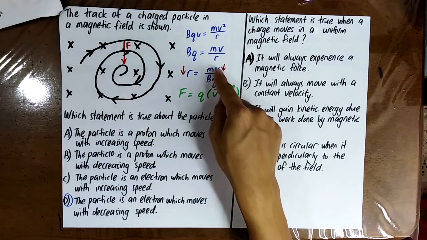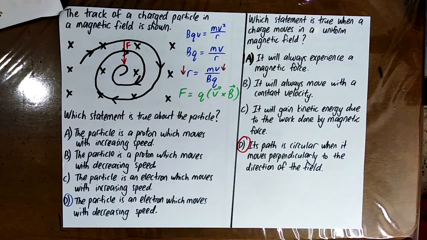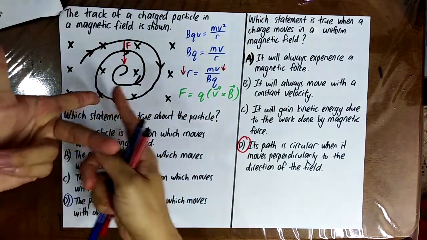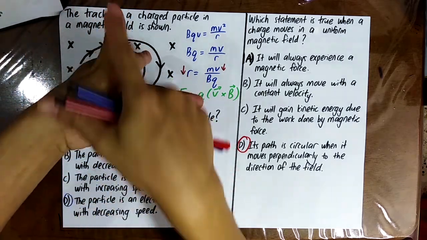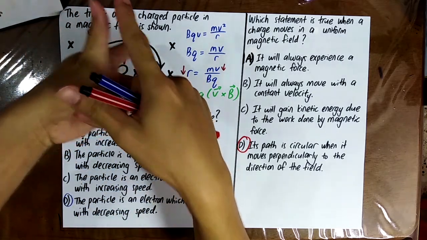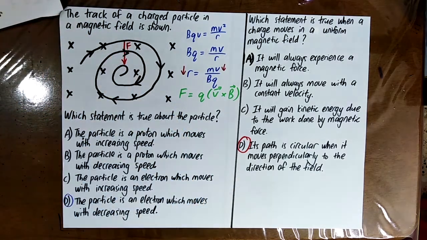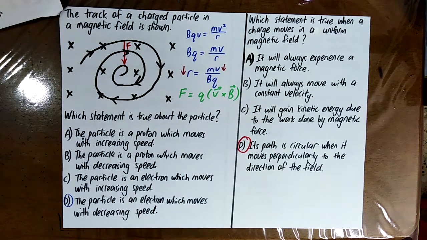Then the speed of the particle is also decreasing. From Fleming's left-hand rule, in this position, if the magnetic field is into the page and the velocity is here, the force should be here for a positively charged particle. But for a negatively charged particle it is the opposite direction. So this is a negatively charged particle, and v is decreasing.